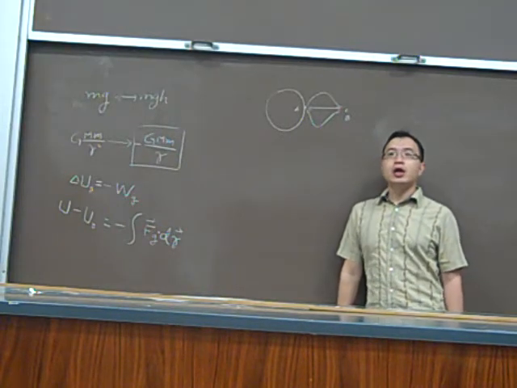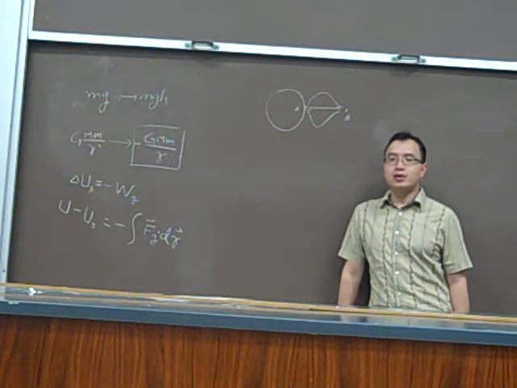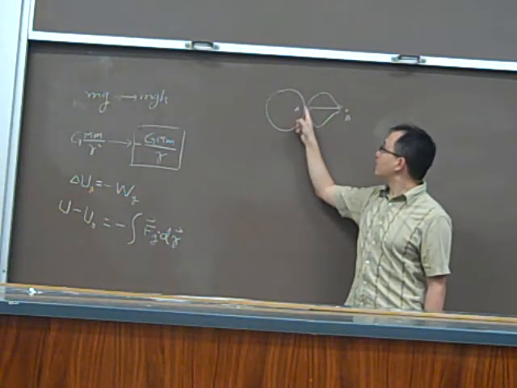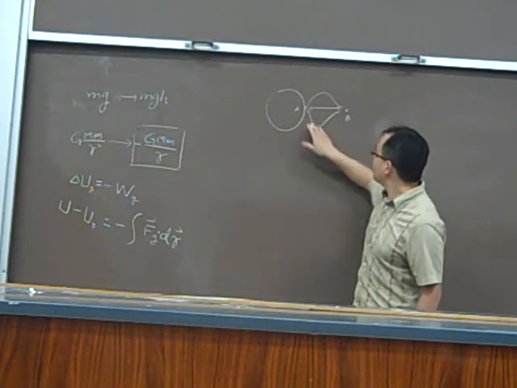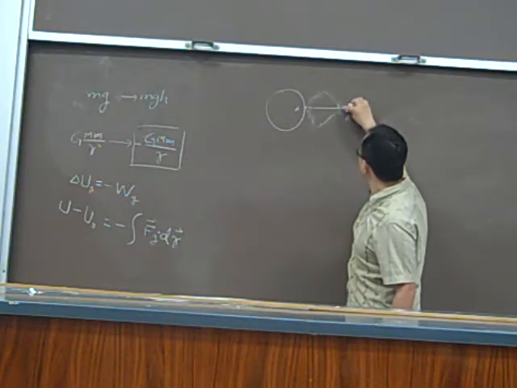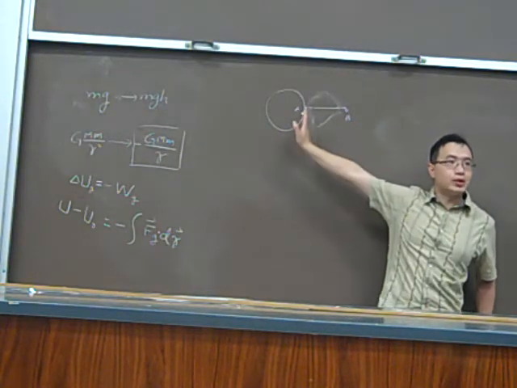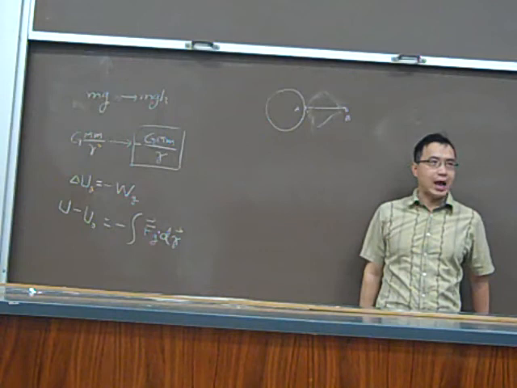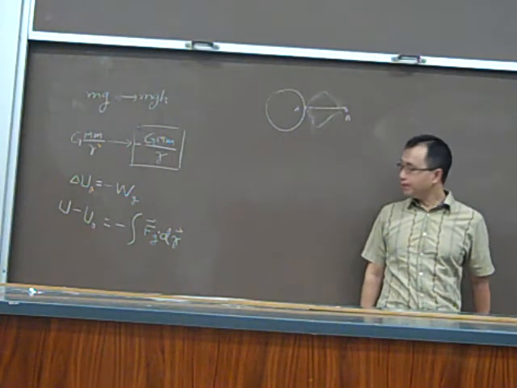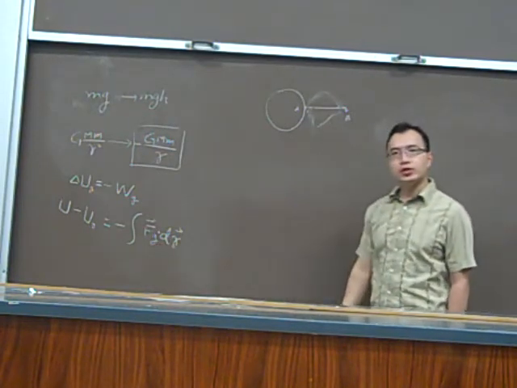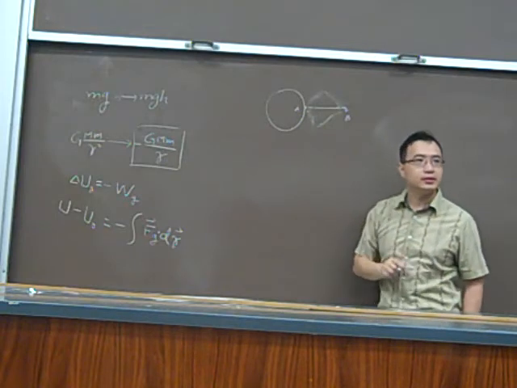That's the definition. So using this fact, we can choose the easiest path to do the calculation. And of course, the easiest path in this case is the straight line from A to B. So we are going to calculate the work from here to here, and the final result is independent of the choice, because along any path you are going to get the same answer, right? So now we are trying to evaluate the integral from point A to point B.